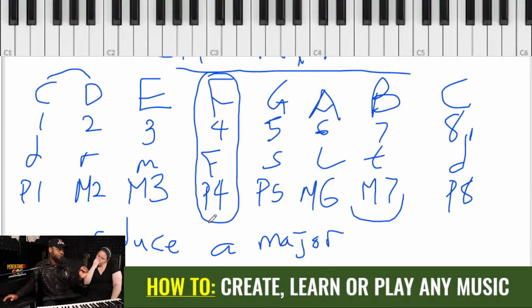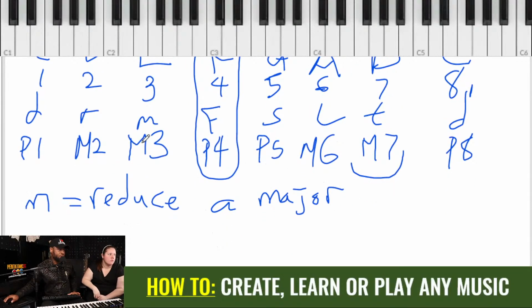So now, for the case of chords, why are we looking at all this? Because these are all the things that you will find in a chord. So let's look at minor. Remember, if I tell you minor third, you have to look for major third first, then reduce it. So what is the minor third from C? Exactly.